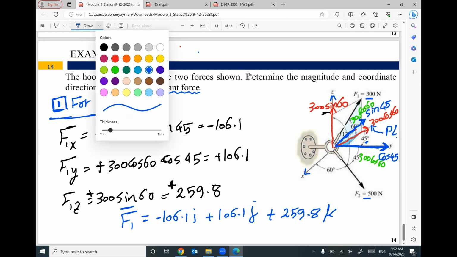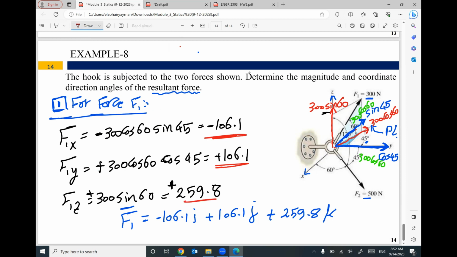You have these two options to write your components, or you can write them as a vector like this. This is the first step for F1. I broke F1 into 3 components. Since F1 is given by a projection line, I followed the third technique.